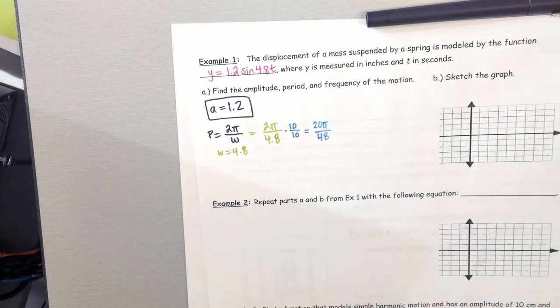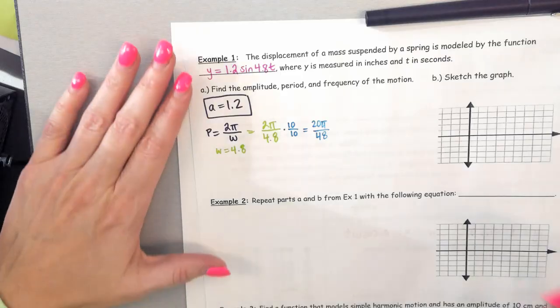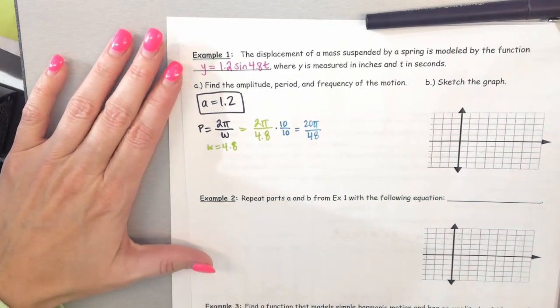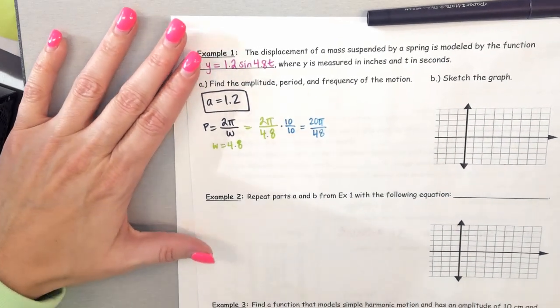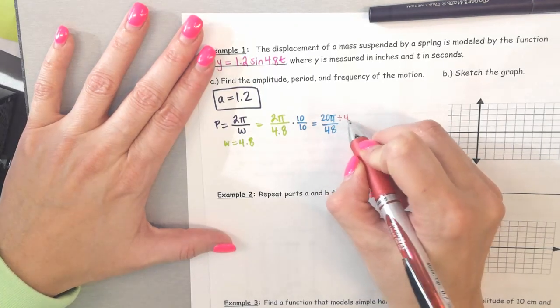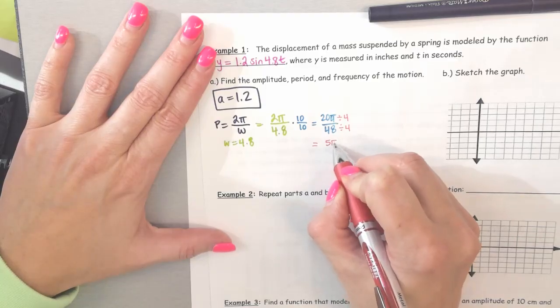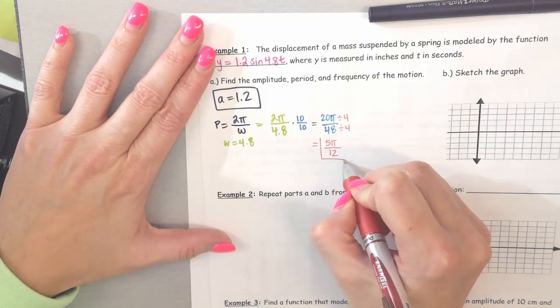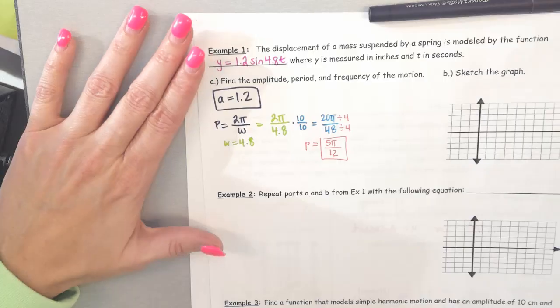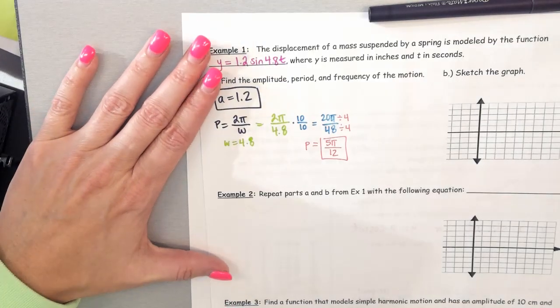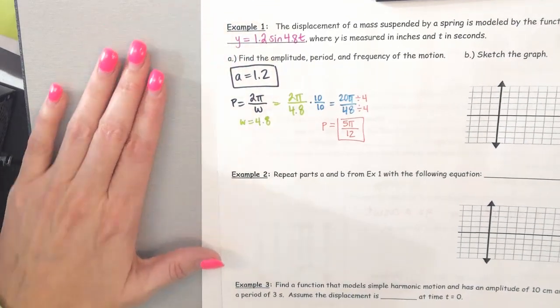And then you can reduce however you want. Some of you might notice right away, hey, 4 goes into both. Some of you might say, oh, I can cut that in half. Okay, whichever one you want to use is fine. But if you divide by 4, you get 5 pi over 12. Okay, that's going to be your period. Okay, and we are going to be using that to graph.